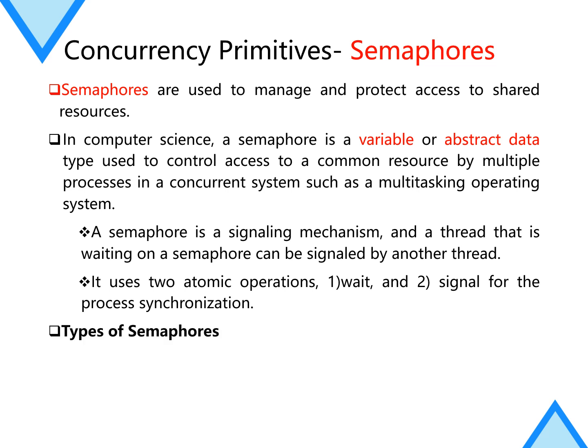There are two types of semaphore. From the implementation point of view, we have two types: one is the counting semaphore and the other is the binary semaphore. A counting semaphore can have multiple states, multiple values at counting.